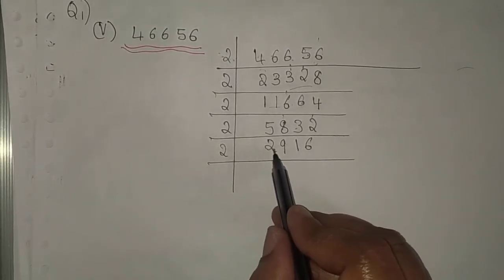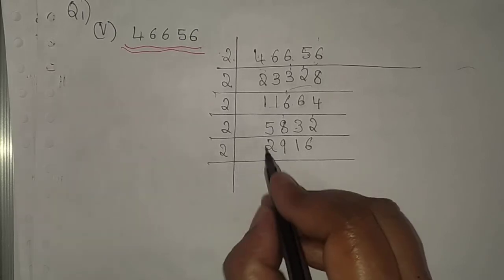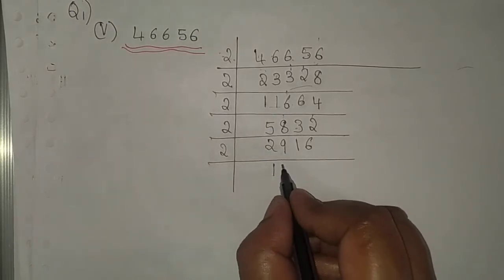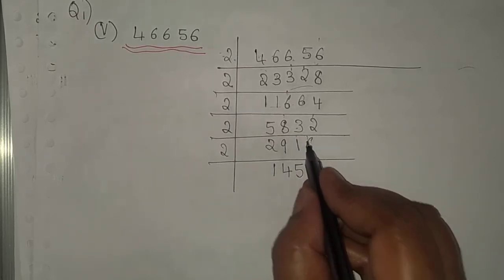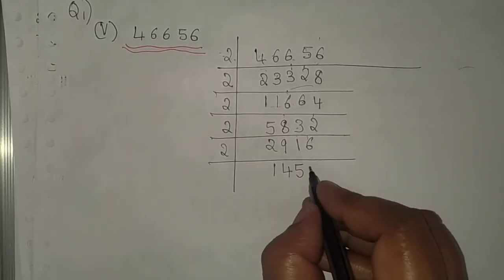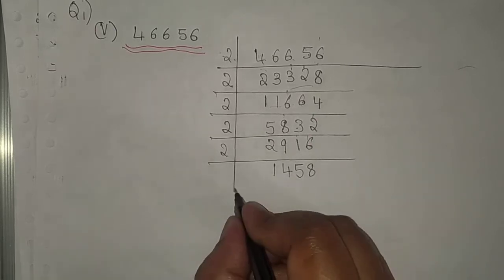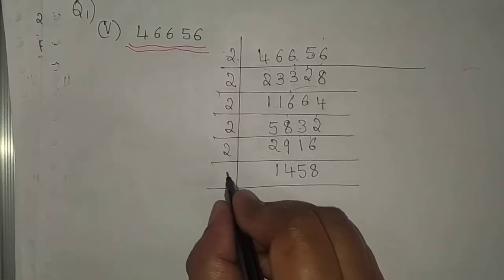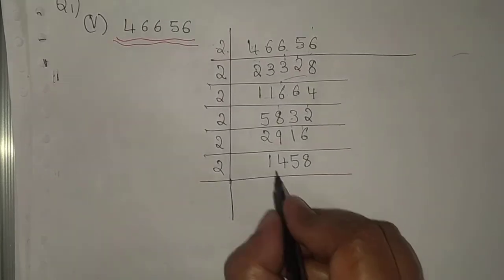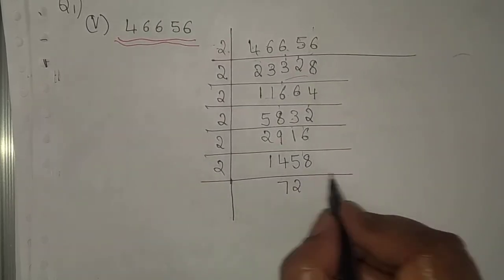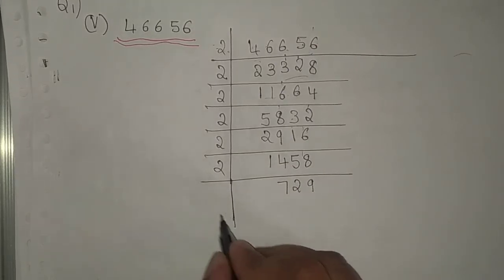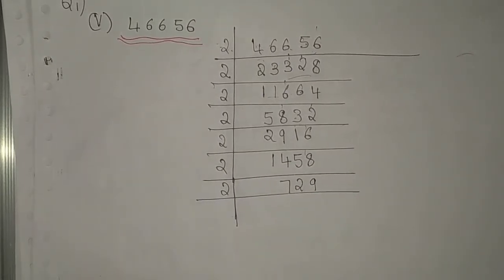So next, 2 1s are 2, 2 4s are 8, 1 here, then 2 5s are 10, 1 moves here, then 2 8s are 16. So again we can take 2, 2 7s are 14, 2 2s are 4, 1 here, 2 9s are 18.